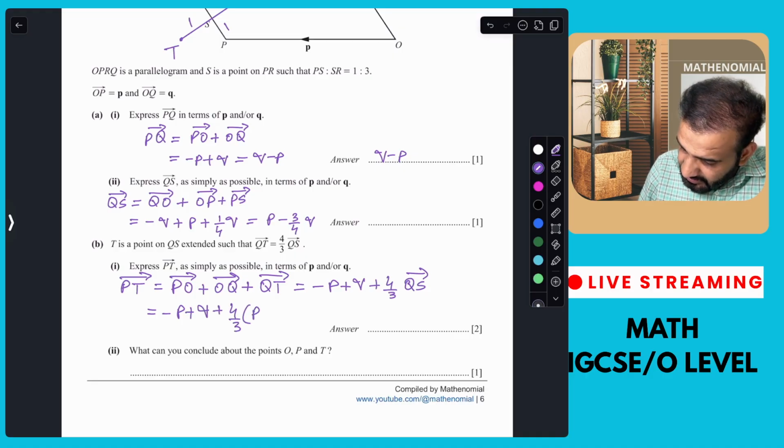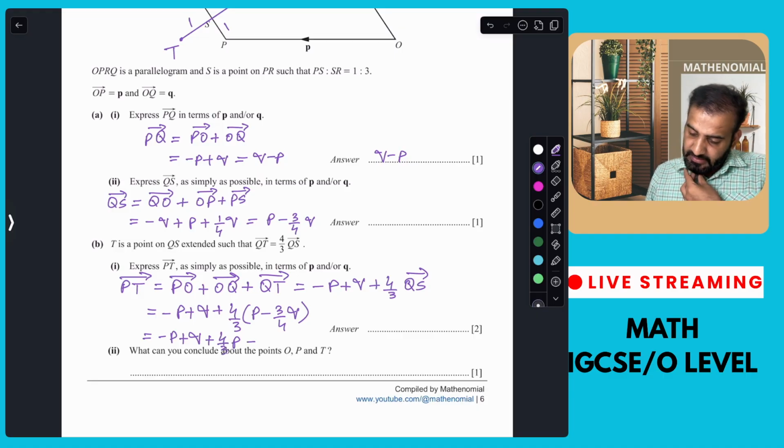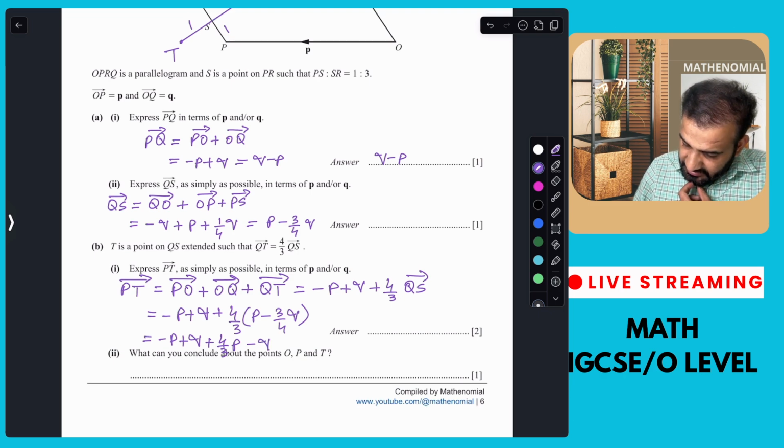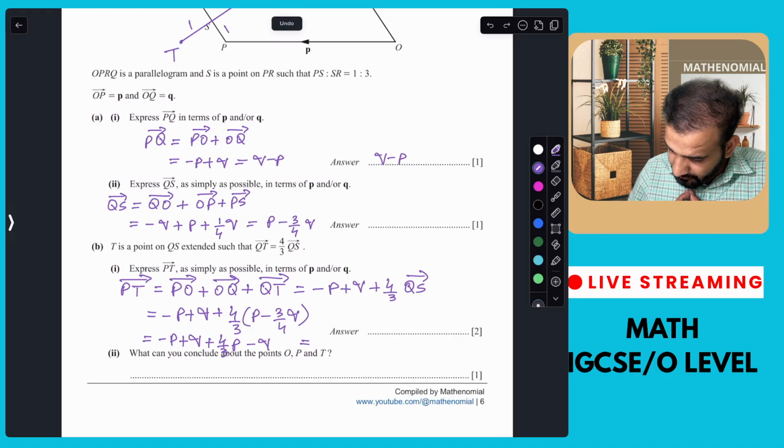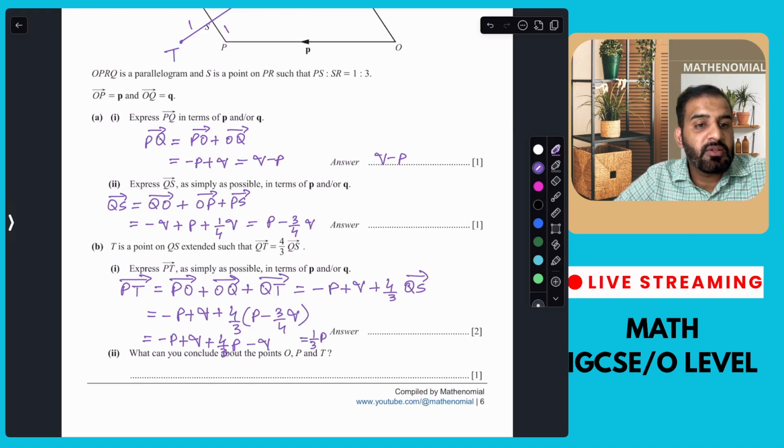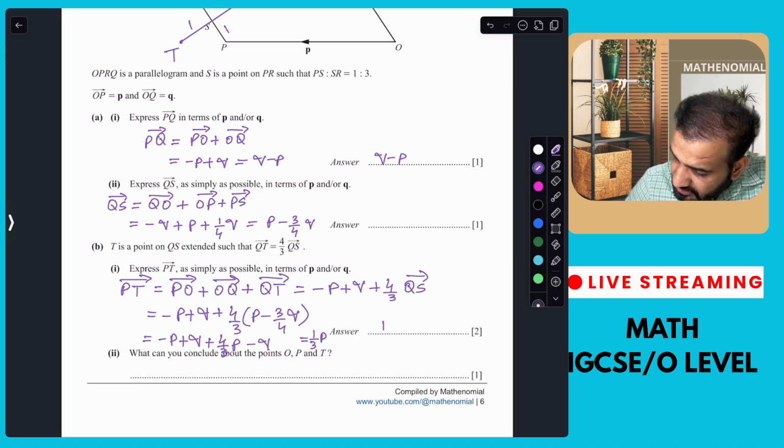QS is minus P minus 3/4 Q. So it is minus P plus Q plus 4/3 P minus, 4 and 3 cancel out, so it is minus Q. So Q is also cancelled out. So you are left with 1/3 P. Okay, it is 1/3 P.